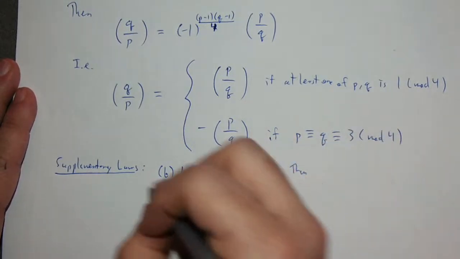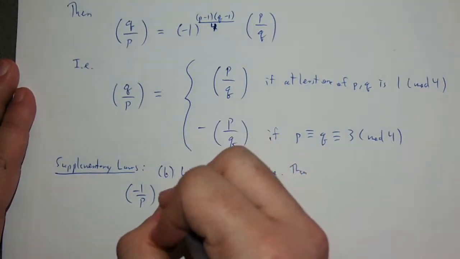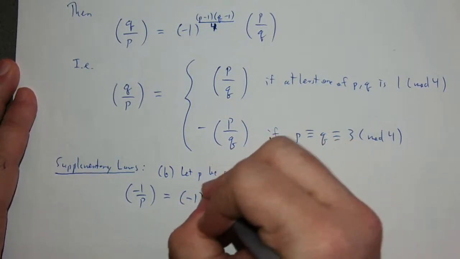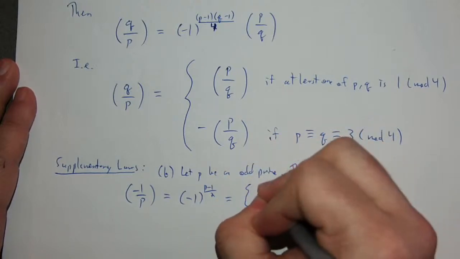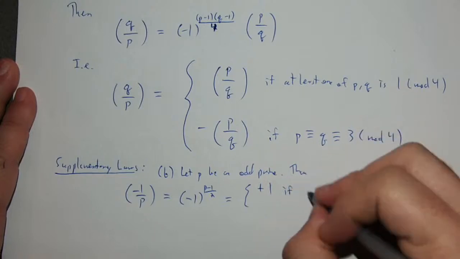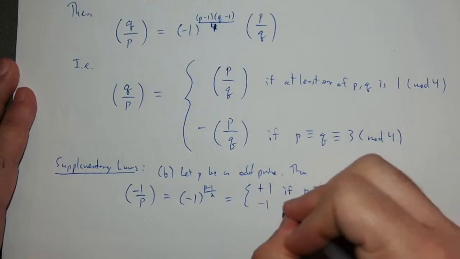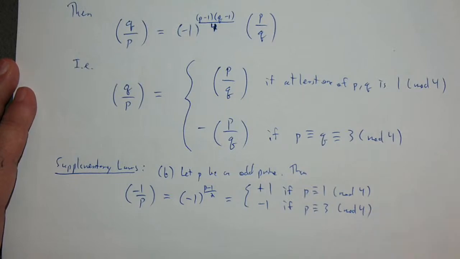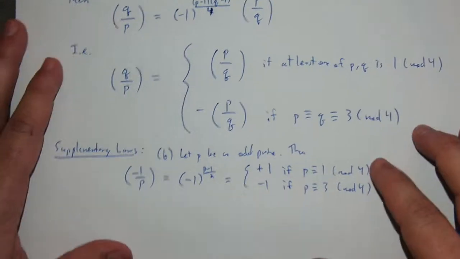Then minus 1 on P, we've already seen, is minus 1 to the P minus 1 over 2, which is plus 1 if P is congruent to 1 mod 4, and minus 1 if P is congruent to 3 mod 4. Okay, so we've actually proven this part of quadratic reciprocity. That was D from the previous proposition.